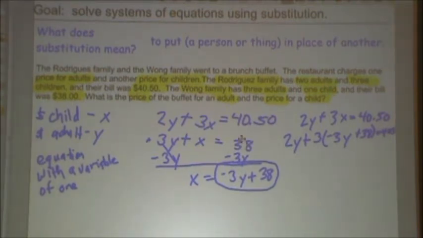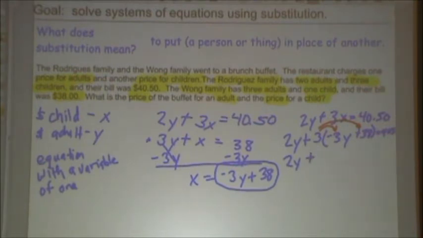So now I'm going to distribute. Remember, I've got the distributive property here, so this is like my ketchup, and I need to put my ketchup on my hamburger, and then I need to put my ketchup on my fries. So I've got 2Y plus positive 3 times negative 3Y gives me a negative 9Y.